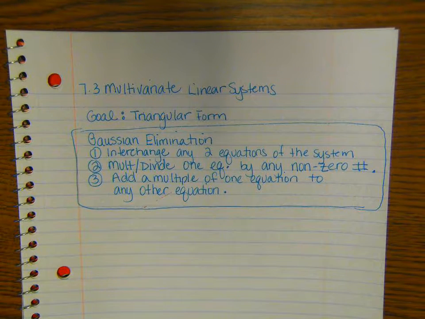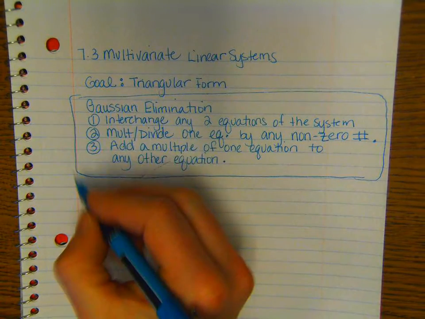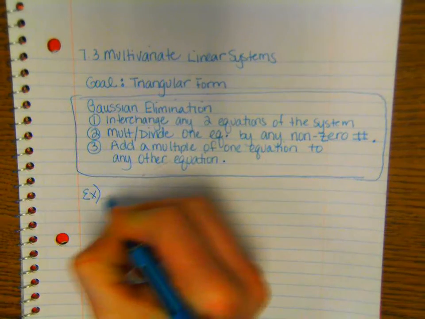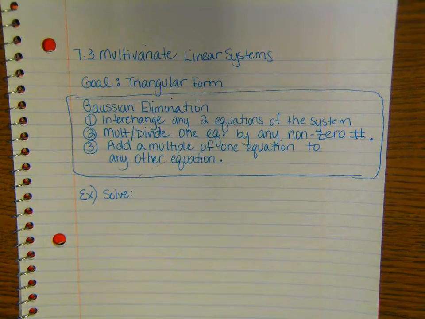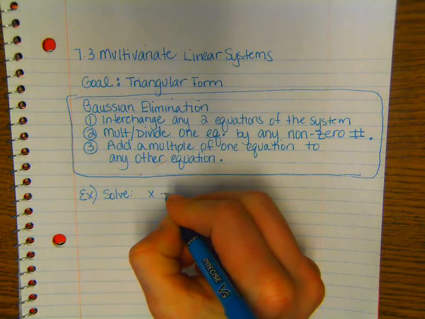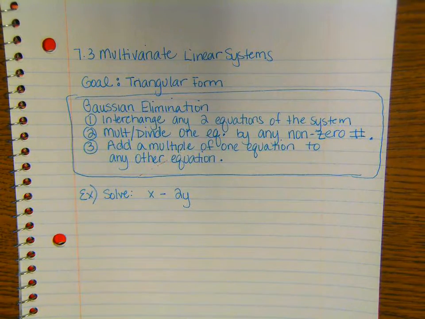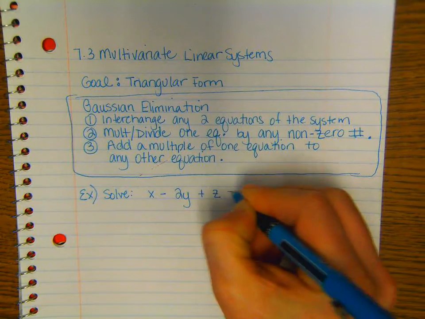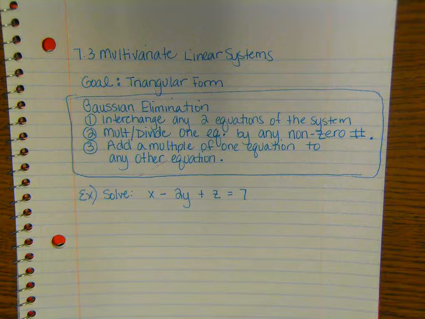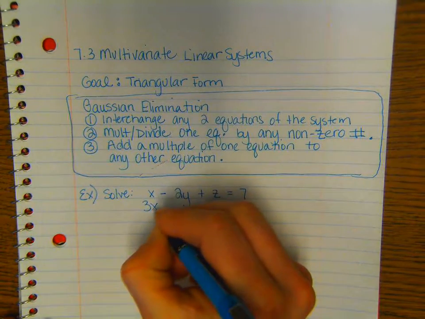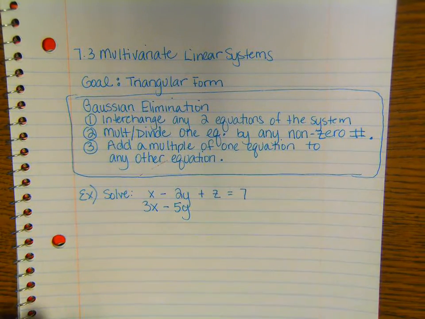Okay? So let's say I gave you a system to solve, but it wasn't nice, but instead it looked like this. Row one: x minus 2y plus z equals 7. Second row, 3x minus 5y plus z equals 14.